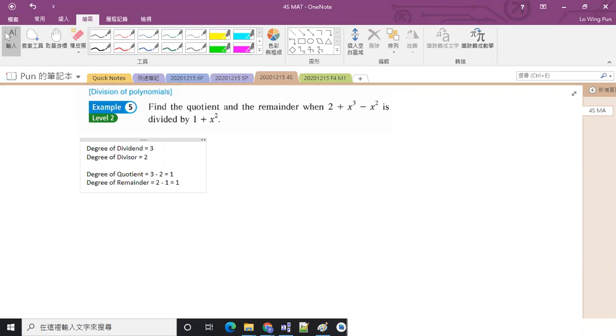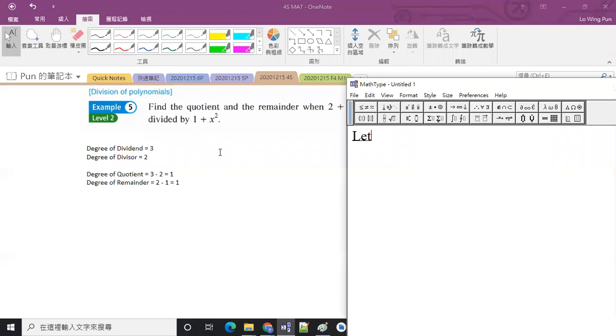Okay, so how do we let them? Here I let the quotient, since it is degree 1, that is, the highest power of x is 1, so it should be ax plus b only. And then let the remainder. It is also degree 1, so it should be cx plus d.